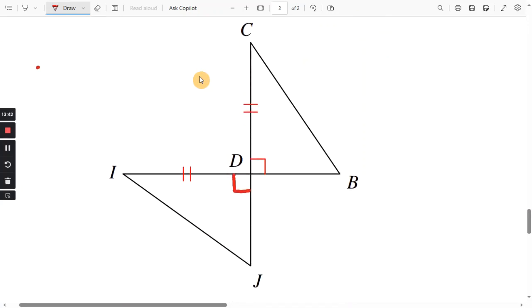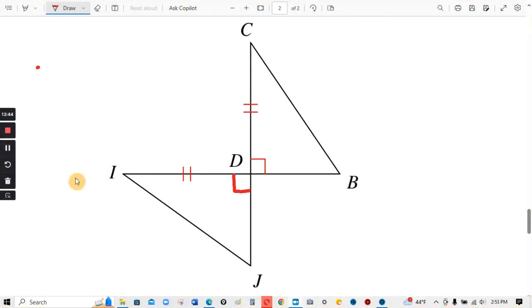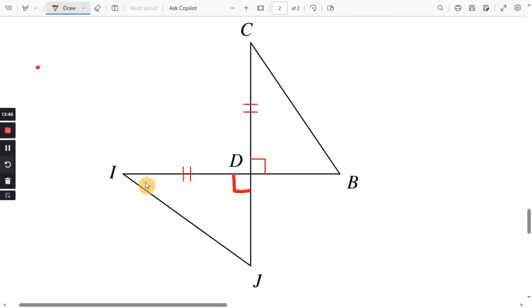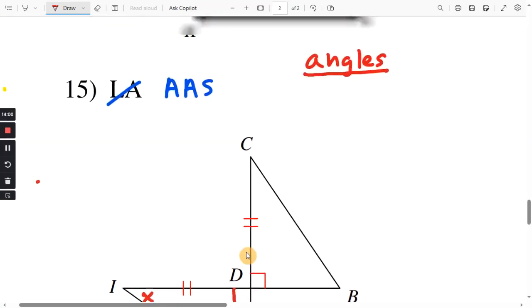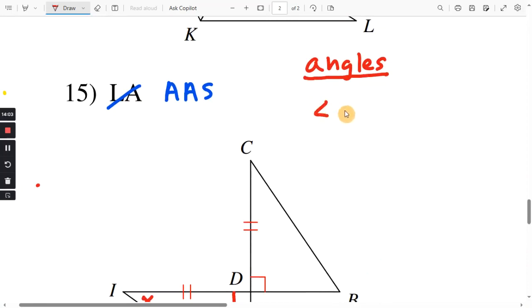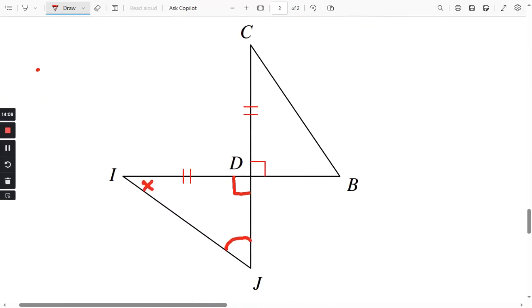All right, let's see. If I did this angle, it would be angle, side, angle, and the side would be in between, so I can't use this one. I'm going to take this angle right here. That's angle J, so I'm going to start with angle J, and that's going to be congruent to, let's look at the other triangle.